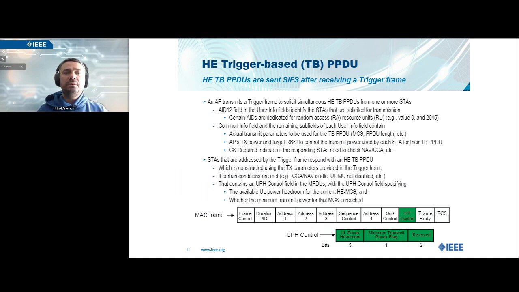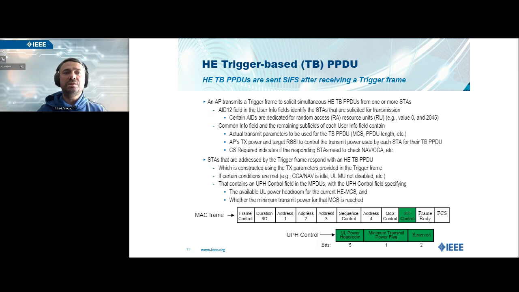So as I mentioned, in response to the trigger frame, the stations are required to generate an HE trigger-based PPDU. In general, there are certain variants of the triggers that generate other types of PPDU. For example, the MU-RTS that we'll cover later solicits a CTS that is in non-HT PPDU format, which is a legacy format.